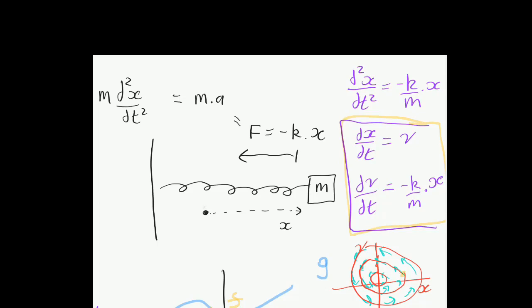Then this number x measures the displacement away from that zero point. So at any particular time, we can describe where the mass is by this displacement quantity x. This mass is moving along the line, and it's going to bounce backwards and forwards over time.